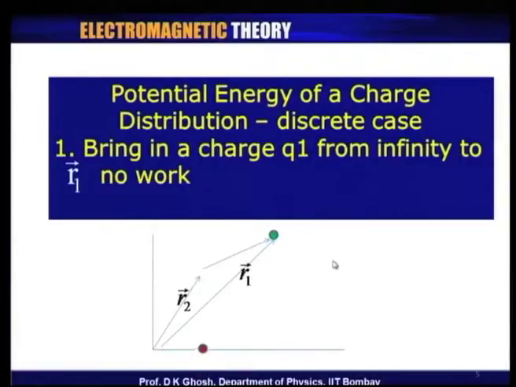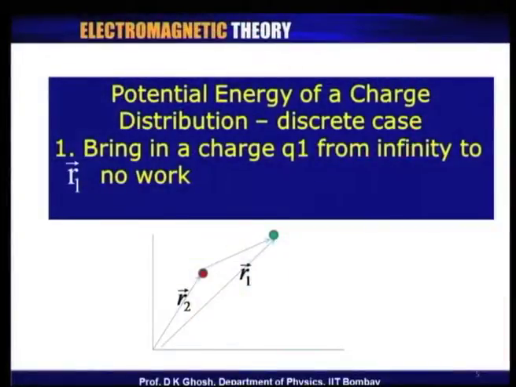Notice that this second charge that we have brought in experiences a field, because already the first charge is in its place. So I have to do some work, because there is an electric field due to the first charge, and this will exert a force on the second charge that I am bringing in as it comes from infinity to its location.